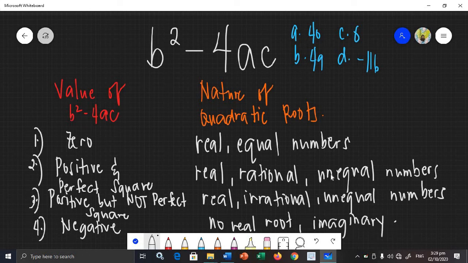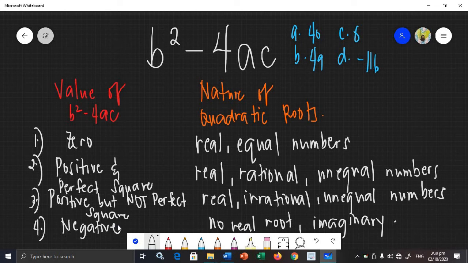So, meaning pala, nung kinumpit natin yung discriminant ni equation, letter D, di ba? Nagka-come up tayo sa negative 116. Sabi dito, kapag nakakuha ka ng negative dun sa discriminant mo, ang nature ng quadratic roots niyan, kapag sinolve mo yung quadratic roots, ang lalabas dyan, no real root.